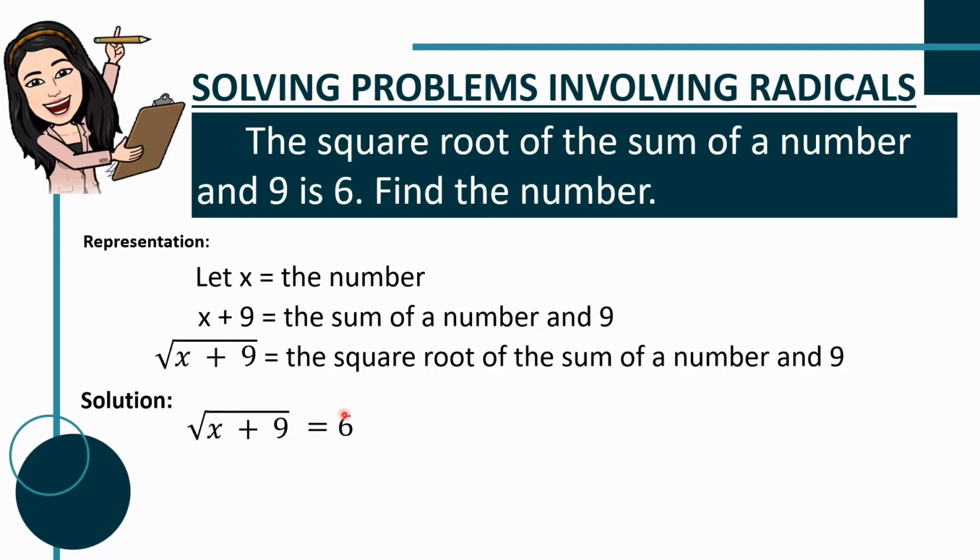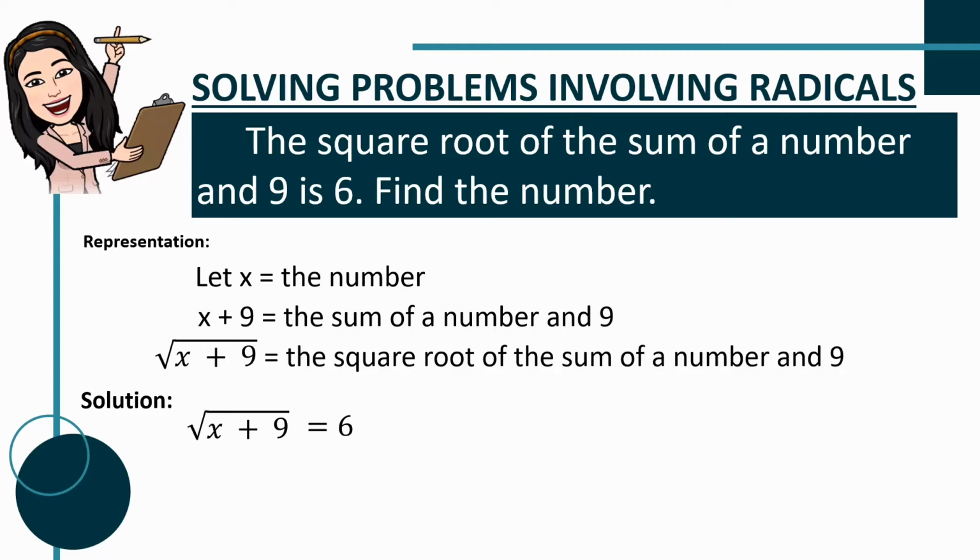Okay? So, this is now our radical equation. So, by applying all that we have learned from the previous video about radical equations, we're going to solve this. In order to solve this, okay, we have two terms.